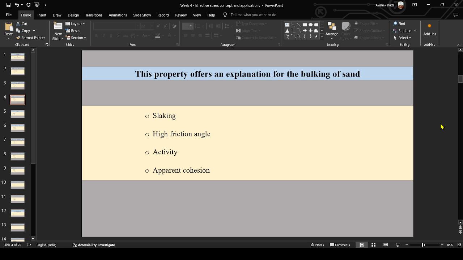I'll repeat the question. This property offers an explanation for the bulking of sand. The options are slaking, high friction angle, activity, or apparent cohesion. Next question.